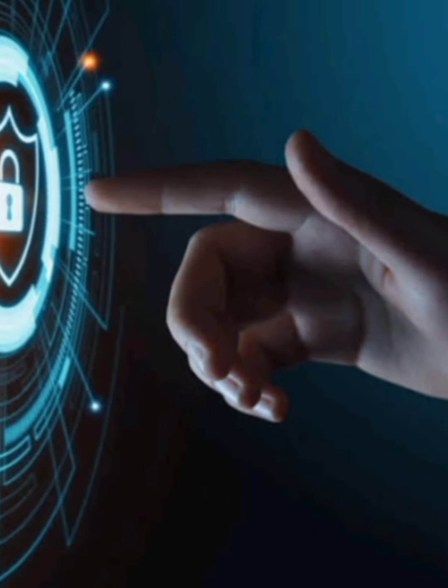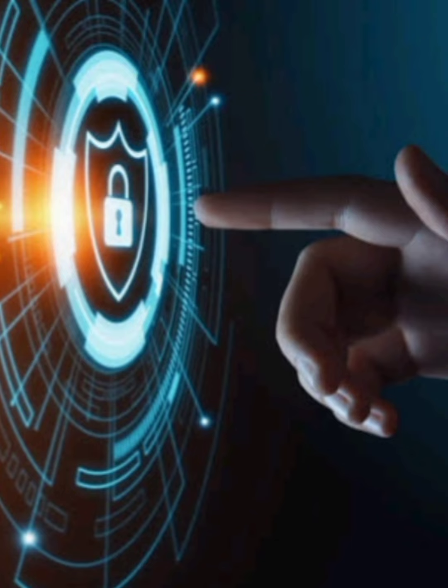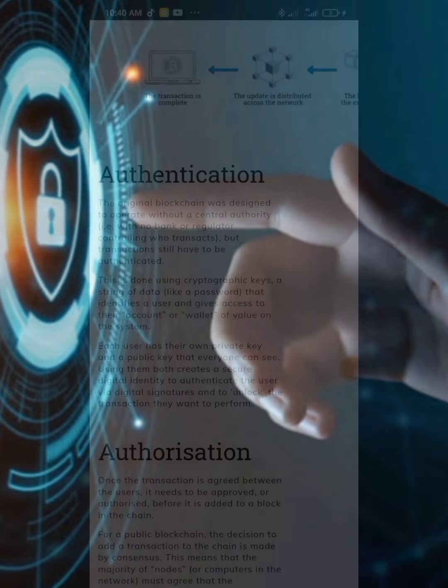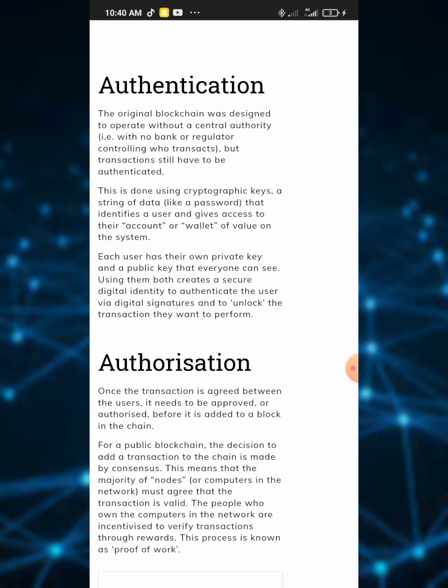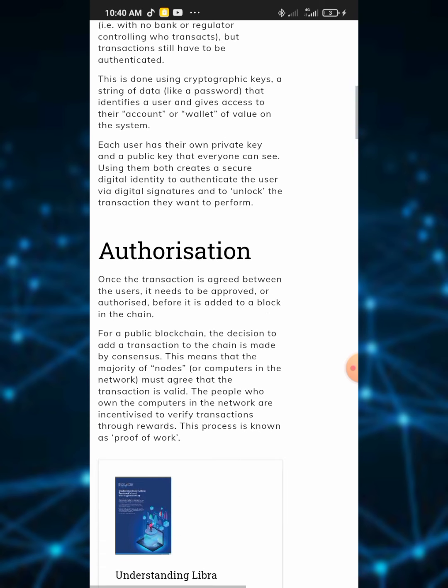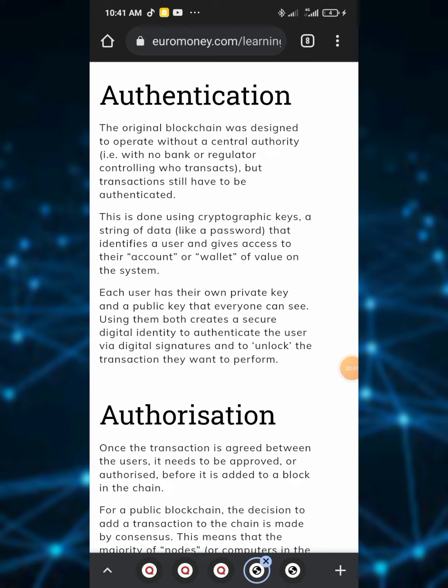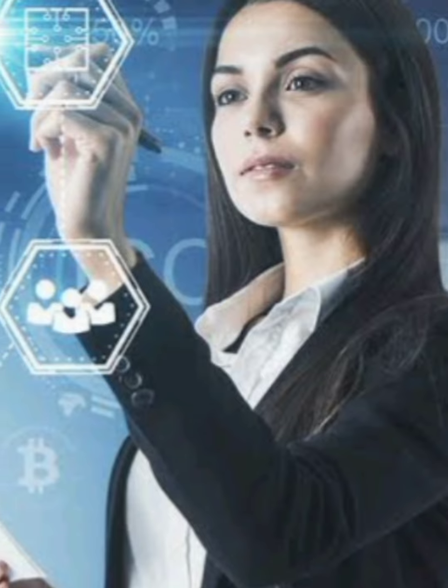But still, transactions need to be authenticated before they can be stored in the blockchain in a particular network. Okay, so this is done using cryptographic keys, a string of data like a password, that identify a user and give access to their account or wallet of value on the system.